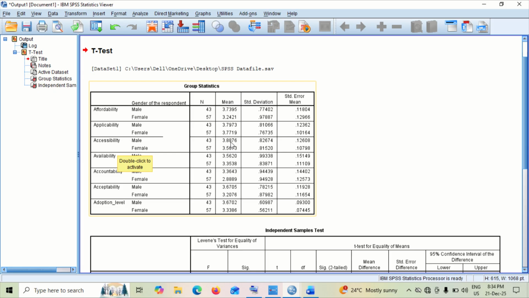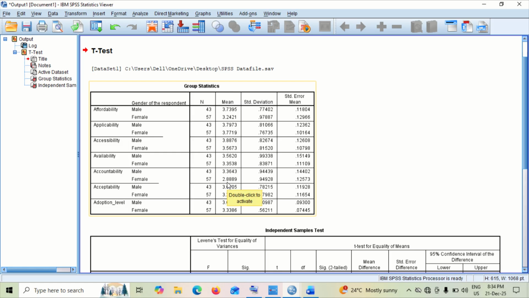The male respondents have the highest mean score of 3.88 and female respondents have a mean score of 3.56 only. According to availability, the male respondents have a mean score of 3.56, female respondents have a mean score of 3.35. And in the case of accountability, the male respondents have a mean score of 3.36, female respondents have only a mean score of 2.88.